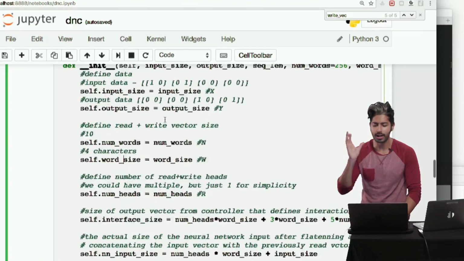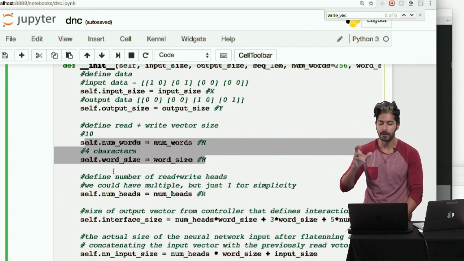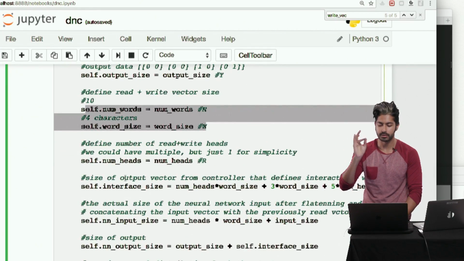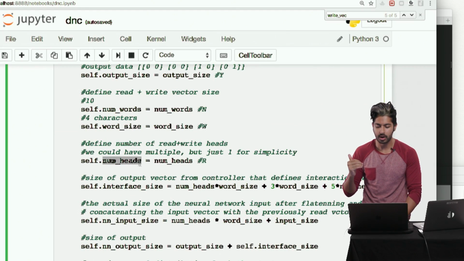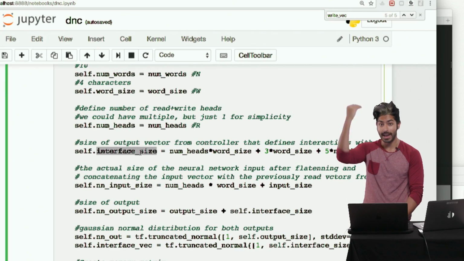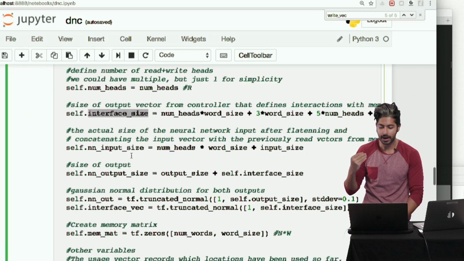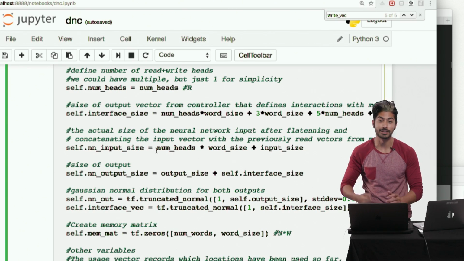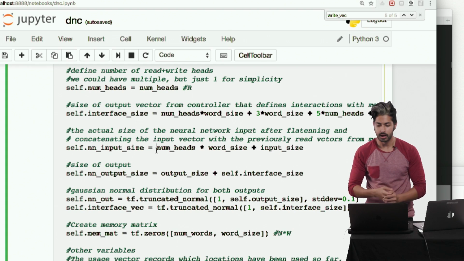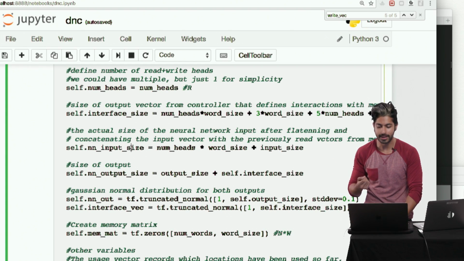Okay, so we define our input data. We define these two variables that will help us initialize our memory matrix length and width, and then the number of heads we want to read and write with, and the interface size, which is the size of the associated vector with the output. Then we define our input size, which is the size of the input after we flatten it, using those same two parameters that we talked about before.